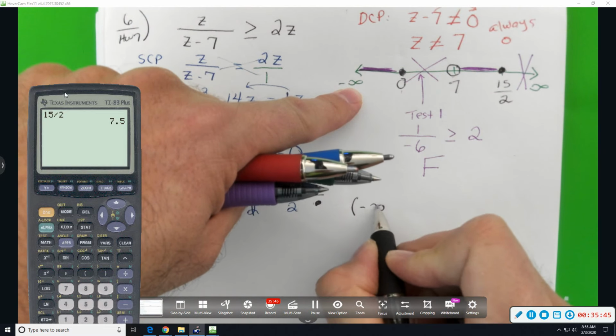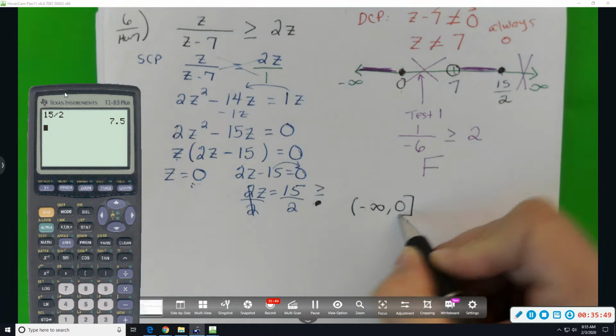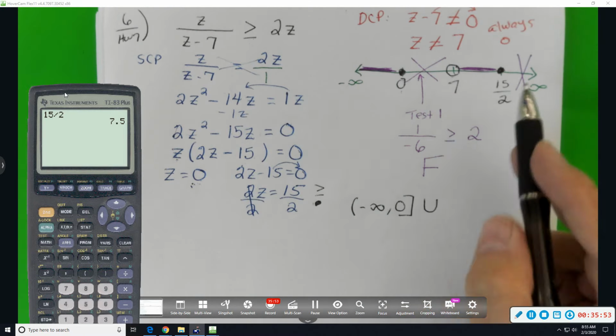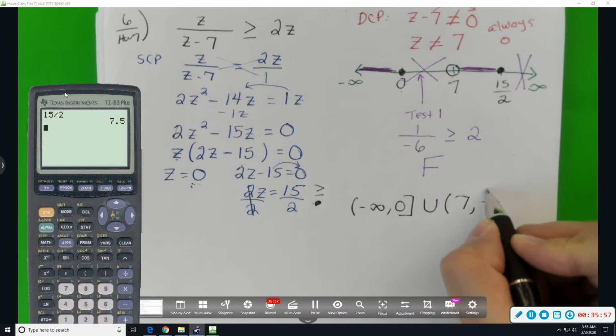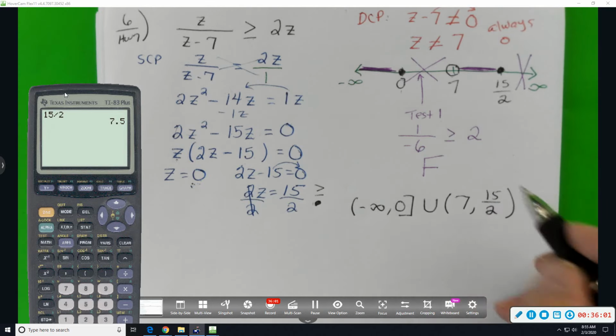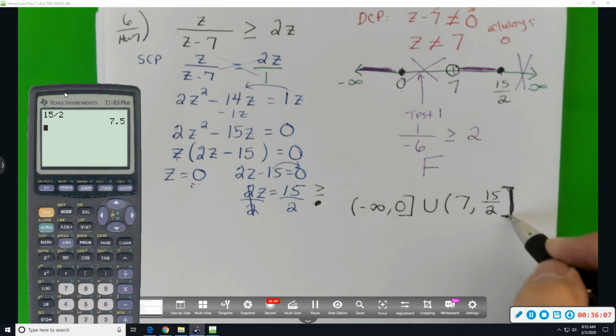Parentheses, negative infinity, comma, 0, bracket, a union symbol meaning you're on the same number line, parentheses 7, comma, 15 over 2. Ooh, I messed up. It's not parentheses, it should be a square bracket there.